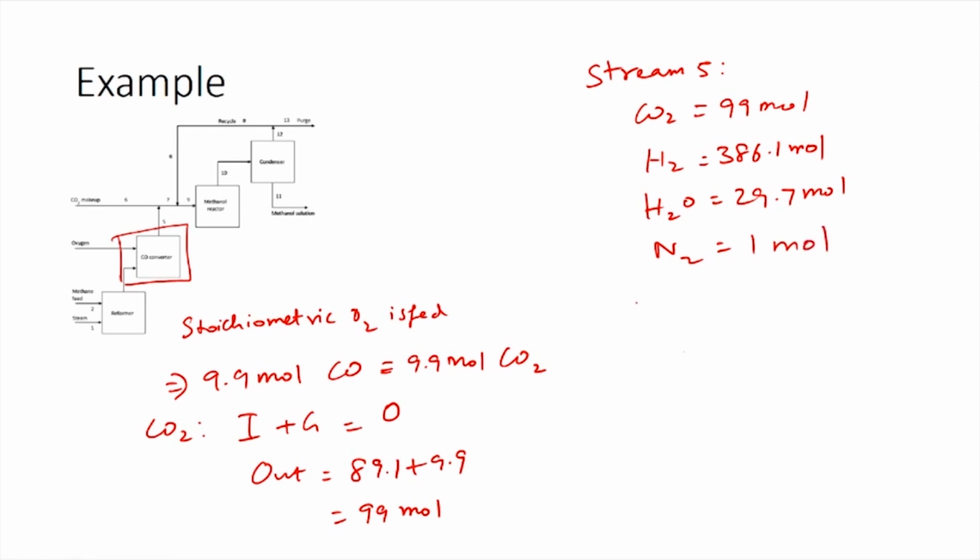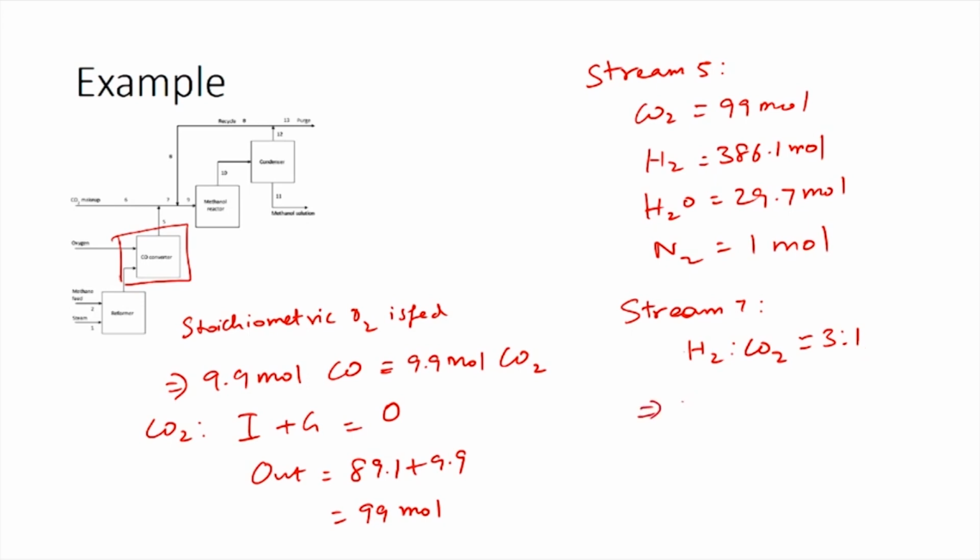The problem statement gives us that stream 7 contains hydrogen to carbon dioxide ratio of 3:1. The stream which is being mixed with stream 5, that is stream 6, is only CO2 makeup, which means all the hydrogen present in stream 7 has to come from stream 5.